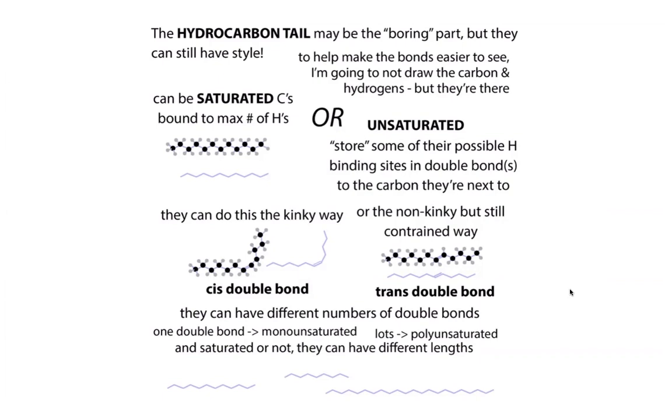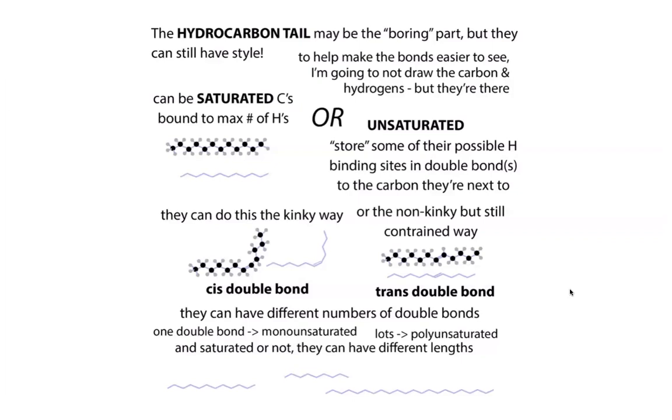But they can also be unsaturated, in which case, instead of being bound to as many hydrogens as possible, they're sharing some of their electrons in a double bond. This could be a cis double bond, in which case you get a kink, or it can be a trans double bond, in which case you get more of a zigzag, not really changing the overall straightness of the chain. We'll talk about this more, but those are different terms we could use.